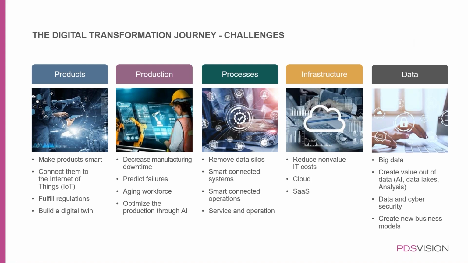To point out a couple of examples, when we're talking about products, can we make the product smart and connect them to IoT and so forth? And these all have different categories under each area in which we're talking about the digital transformation journey.